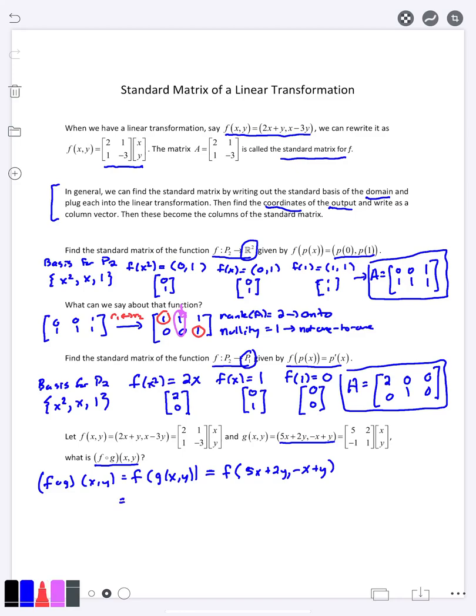And then what do we do here? So it's going to be 2 times the x coordinate plus the y coordinate. And then the x coordinate minus 3 times the y coordinate. So that's going to be 5x plus 2y, minus 3 times the y coordinate.